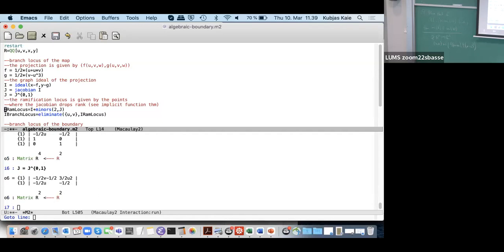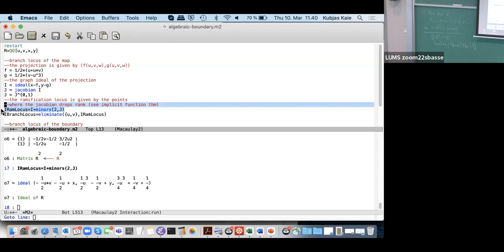And now we're computing what's called the ramification locus. The ramification locus is given by the points where this Jacobian drops rank, but only of the points in the ideal. So you see here, this ramification locus is defined as I, this parametrization ideal, plus the 2 by 2 minors.